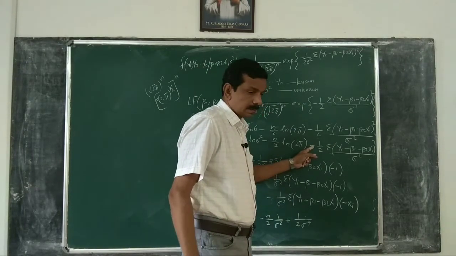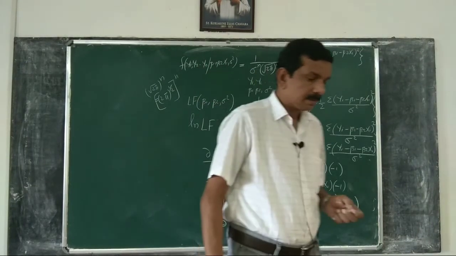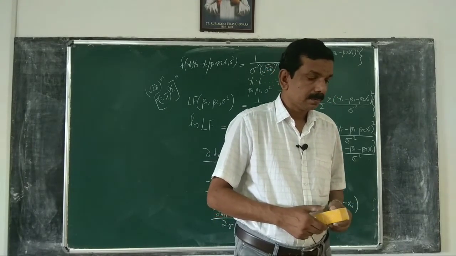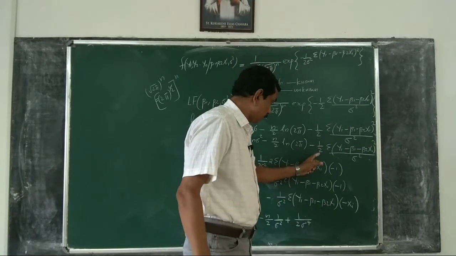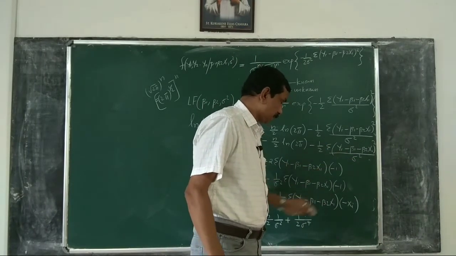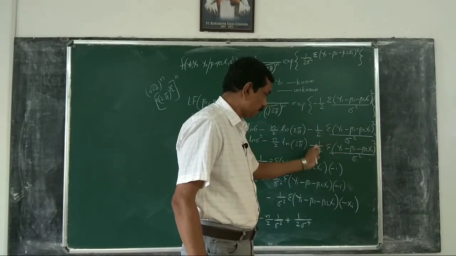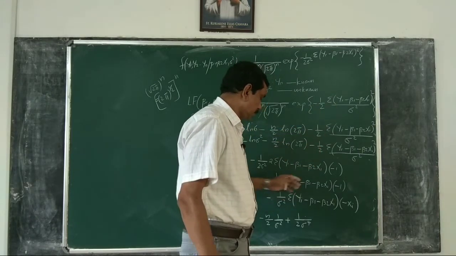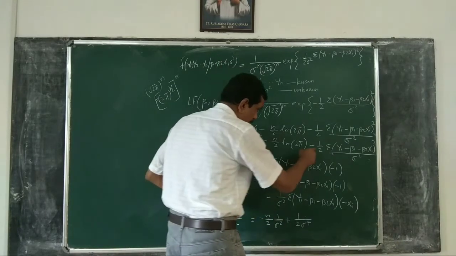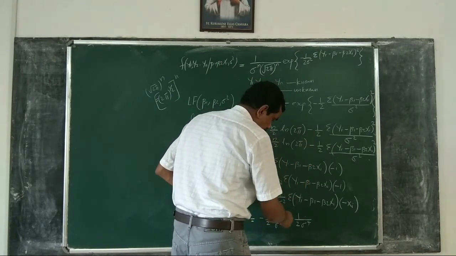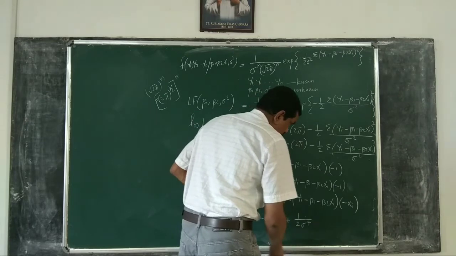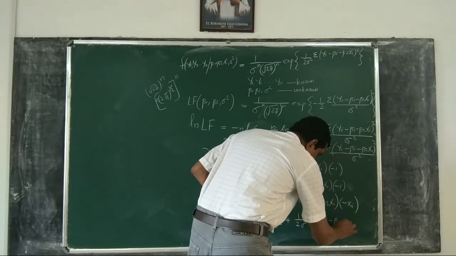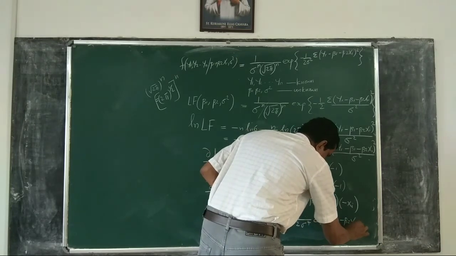This quantity, 1 by sigma square, becomes sigma square raised to minus 1, and doing the calculations and noting that there is a minus here, it becomes 1 by 2 sigma raised to 4 into the sum of yi minus beta 1 minus beta 2 xi whole square.